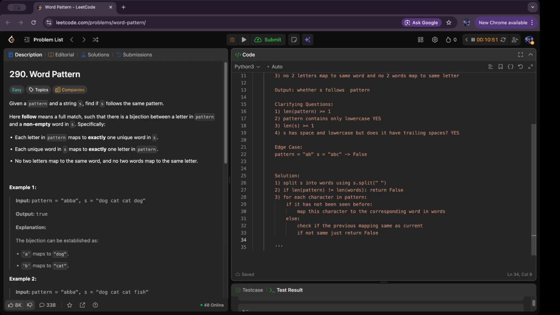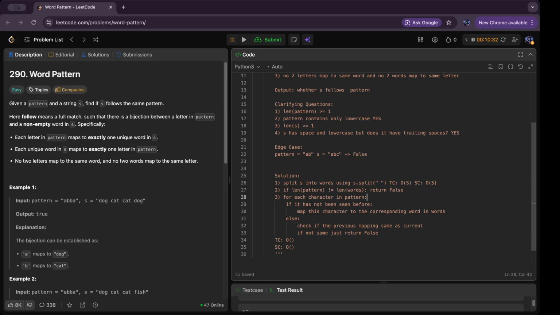Okay. So time complexity and space. The split operation will take O of S space and O of S time.